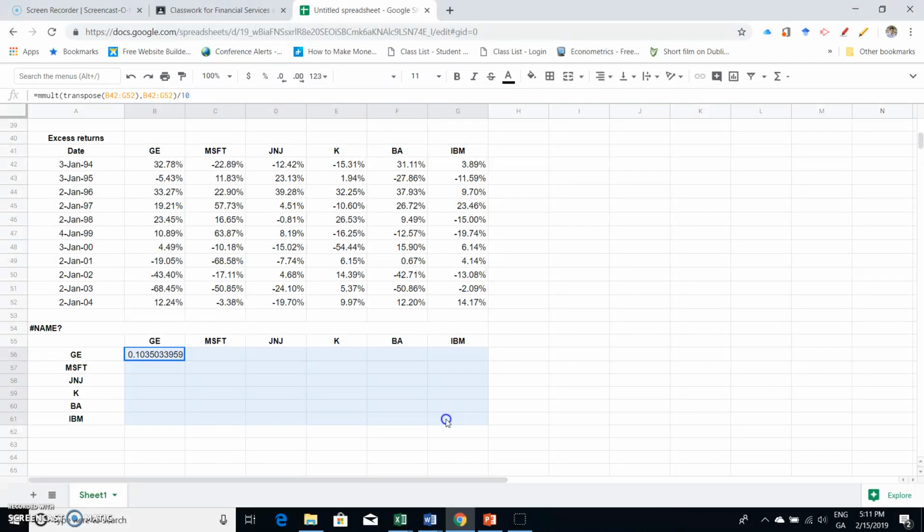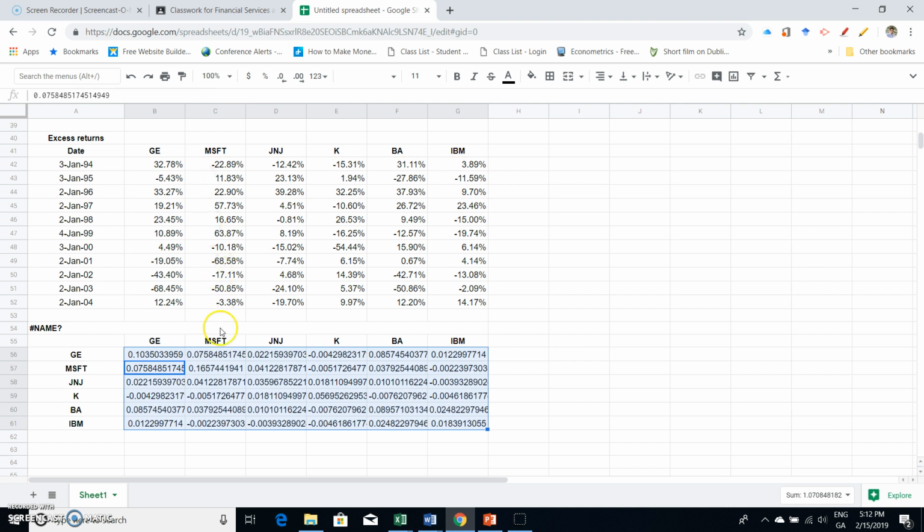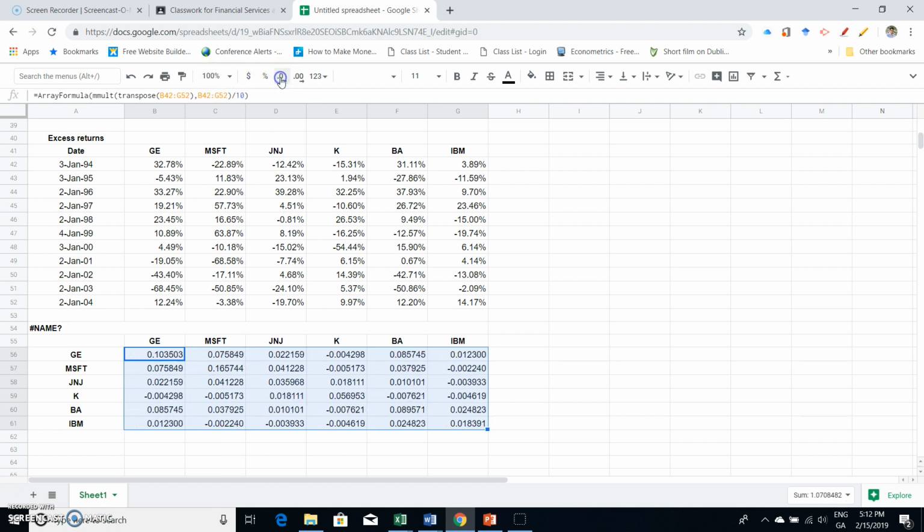Okay, so we highlight everything again and we return. And we return by holding down on the keyboard Control-Shift-Enter, right? And we return. Okay, so I held down Control-Shift-Return, then I released, and then these figures became available. And what this represents here is the variance covariance matrix. Okay, the variance covariance matrix.